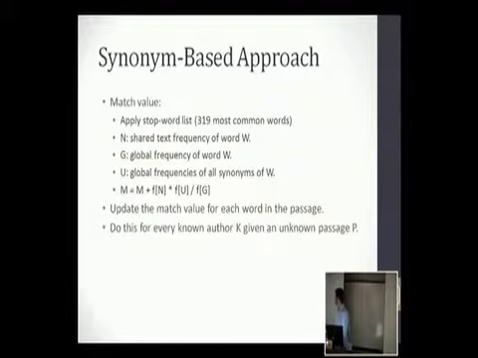And when I say global frequency, I'm not talking about all language, I'm talking about the set that you're looking at. Okay? So if verdant, for example, is not used frequently amongst most authors, but one author uses it a lot, that would mean that it's highly indicative of authorship because there's a very low global count and a very high relative count for a specific author, right?